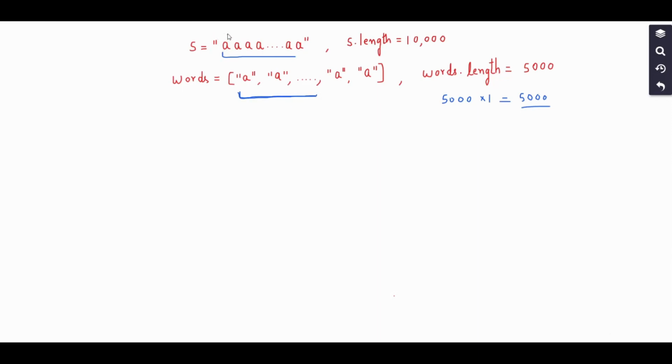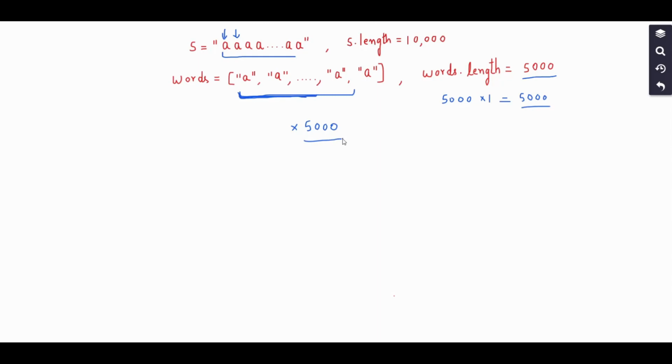So for the first character where I'm starting, I'm trying to search a substring of length 5,000, and then I'm iterating over my words array, and I can see that I will be traversing 5,000 times for the first index. Then I move to my second index, that is A, and again I will find 5,000 valid words in this words array, and hence I would be iterating 5,000 times again.